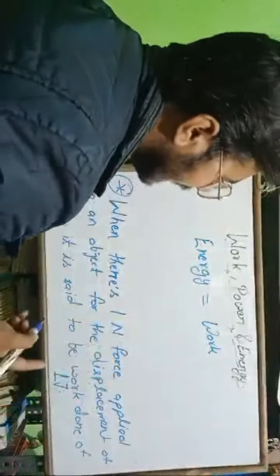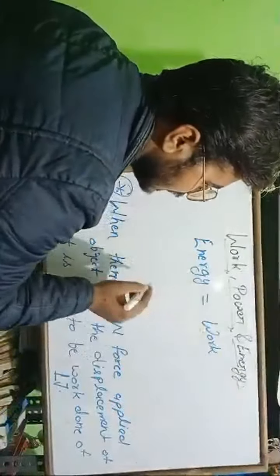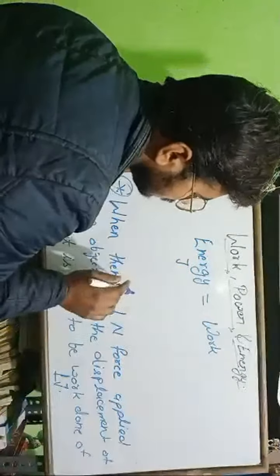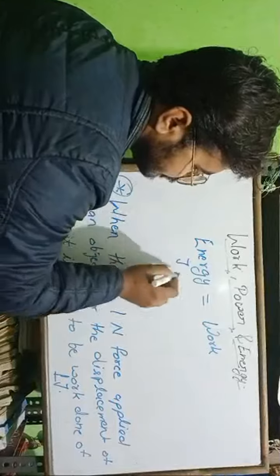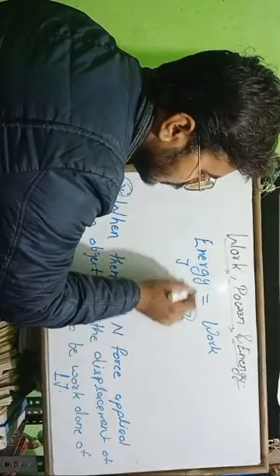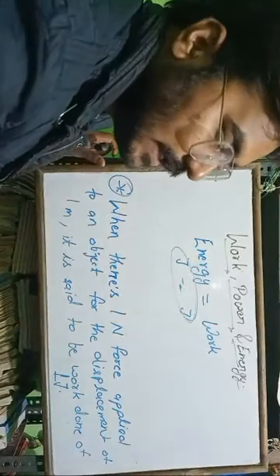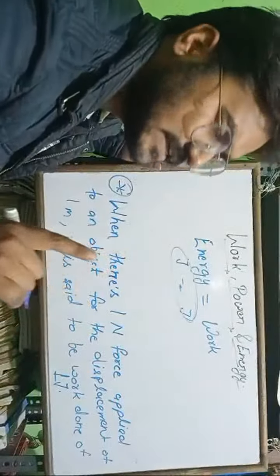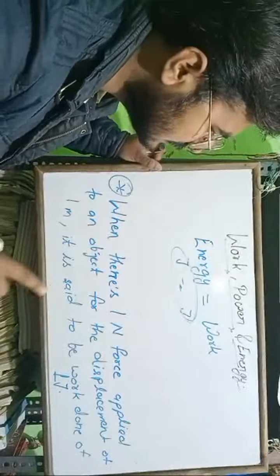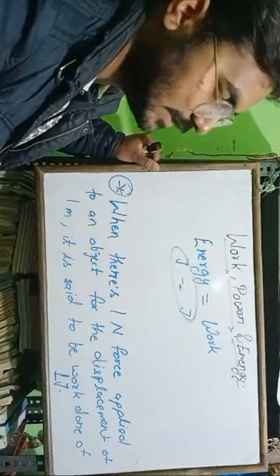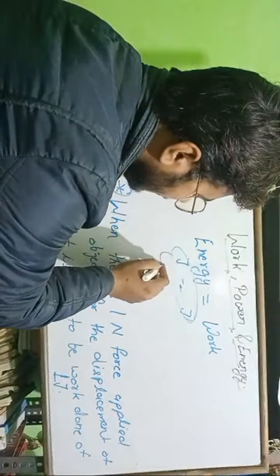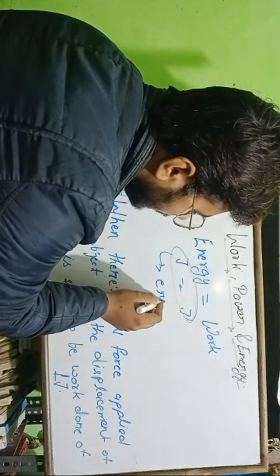And if energy is equivalent to work, that means the SI unit of energy will also be Joule. Both of them have the same SI unit. But what changes in energy is that the smallest unit of energy is erg.